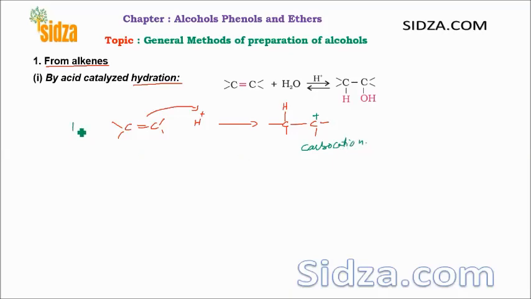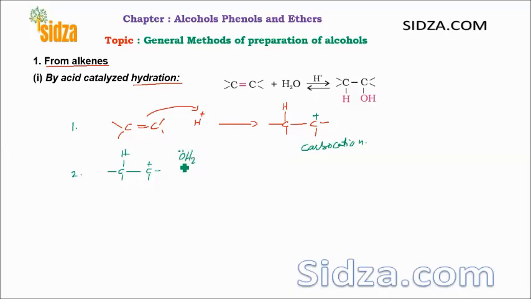This is step number one. In the second step, the same carbocation is now under attack of the water molecule. Water acts as a nucleophile because of the lone pair of electrons on the oxygen atom.